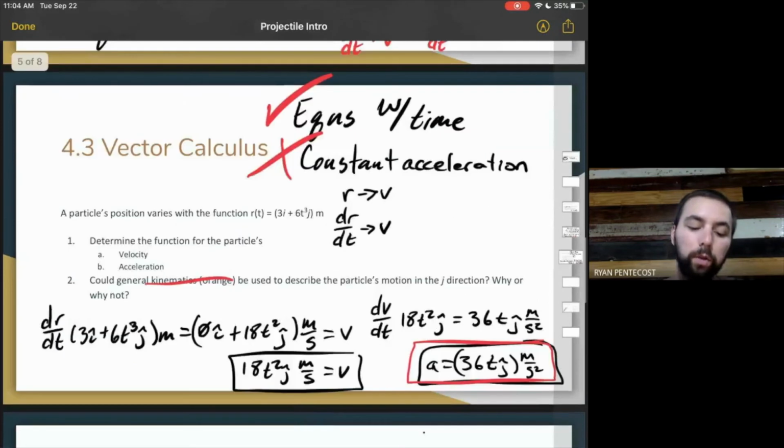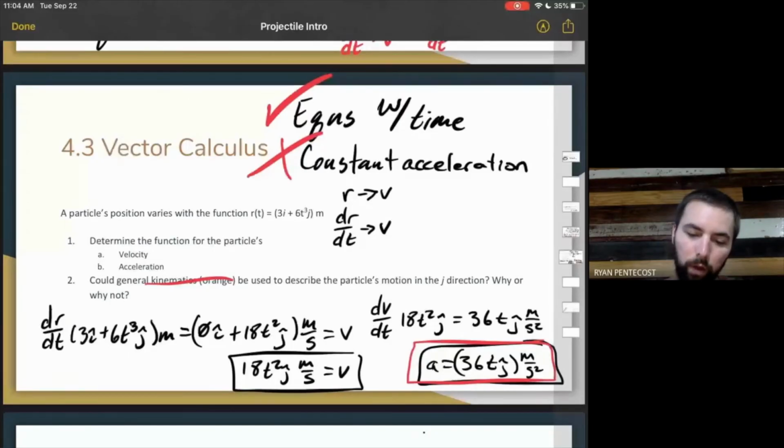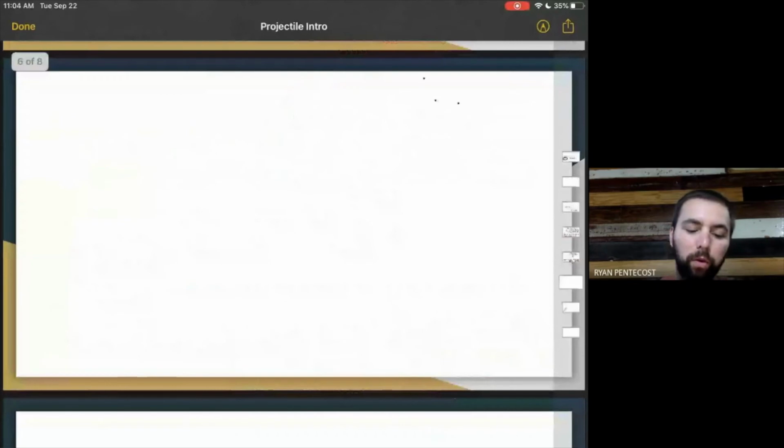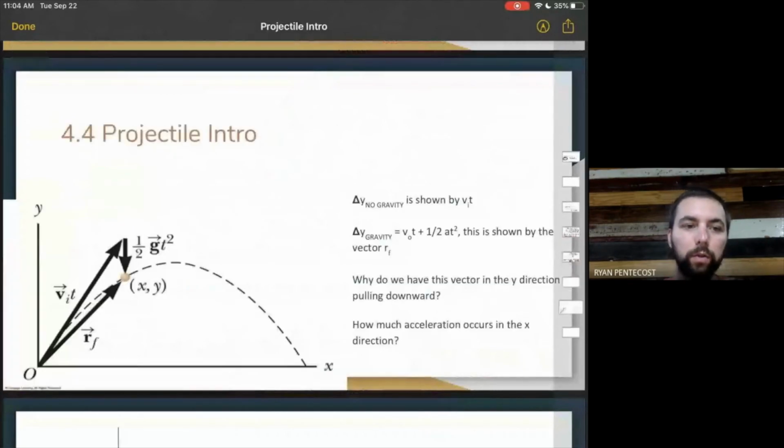Here, we were able to do calculus with them because we did have equations with time, but no constant acceleration. So no orange equations. All right, now 4.4. I promise we will get to the orange equations and using those with vectors. We will be using kinematics, but that'll have to wait for the next video. We're just going to introduce projectiles here.